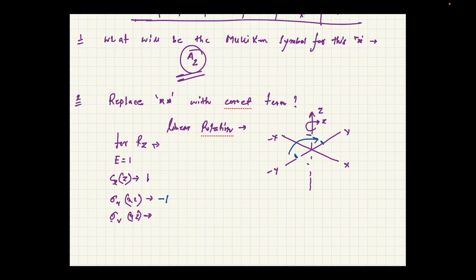Let's say your direction was this, clockwise. Now if you are taking the yz vertical plane of symmetry, what will be the mirror image of this direction? Like this. So clockwise rotation is again getting converted into anti-clockwise rotation if you perform the sigma yz symmetry operation on the Rz basis. And the character will be -1 here.